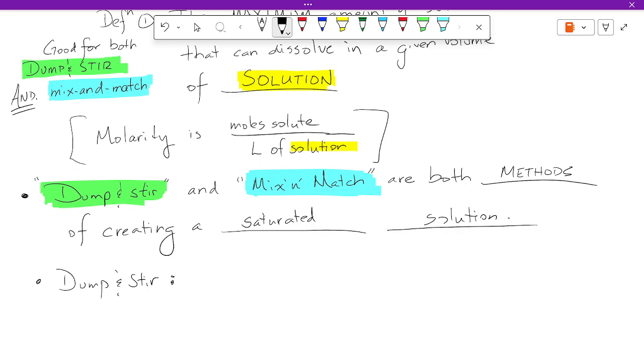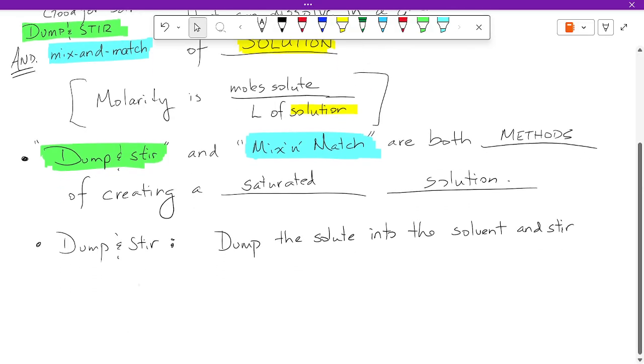This is the really complicated one, right? What do you dump? The solute into a, well, we'll say solvent, okay? And stir. Is that it?